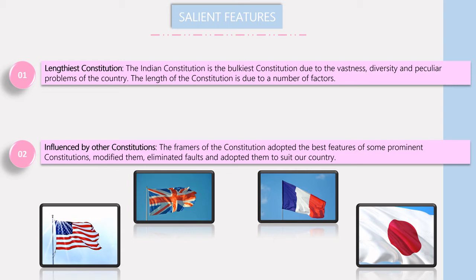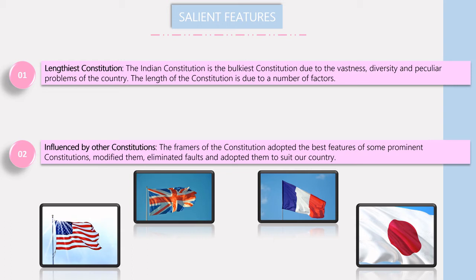Fifth, procedure for amendment of the Constitution and election of members of the Rajya Sabha from South African Constitution. Sixth, federation with a strong center, appointment of state governors by the center, residuary powers in the center, advisory jurisdiction of the Supreme Court from Canada.